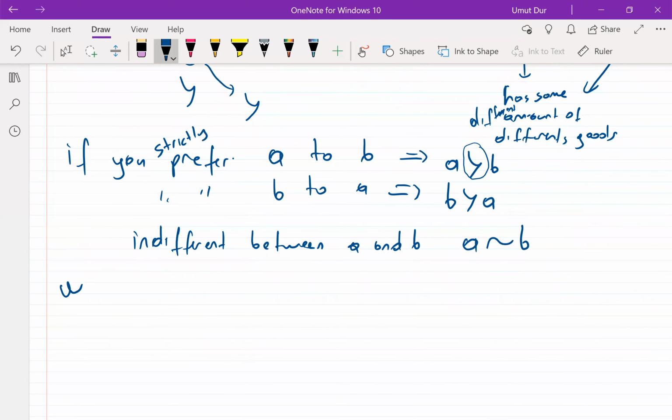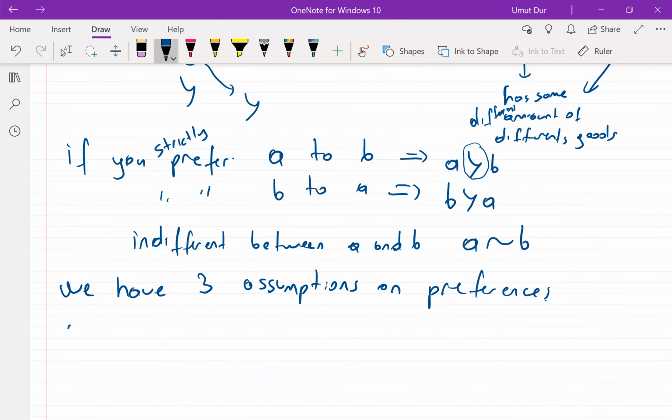So we have three assumptions on preferences. In our model, we are now representing a consumer choice model, and we have three assumptions.